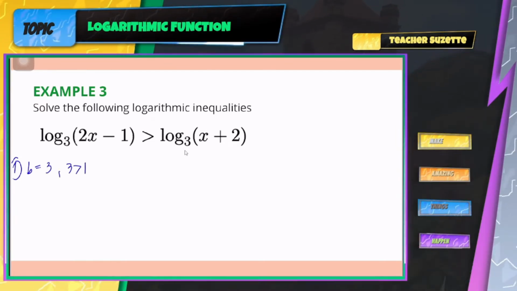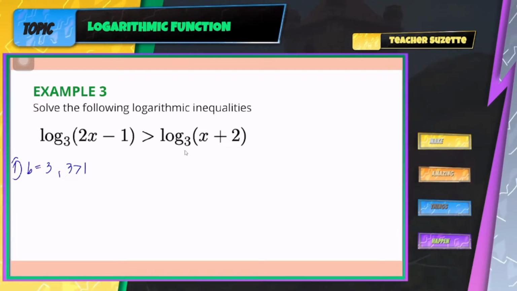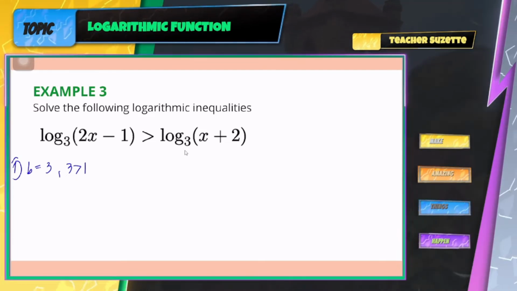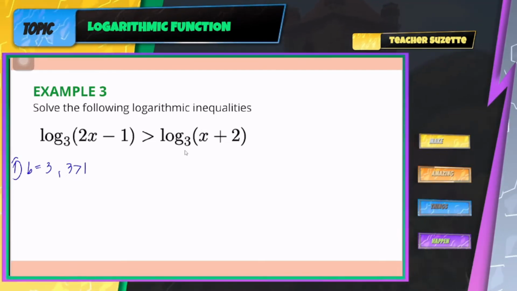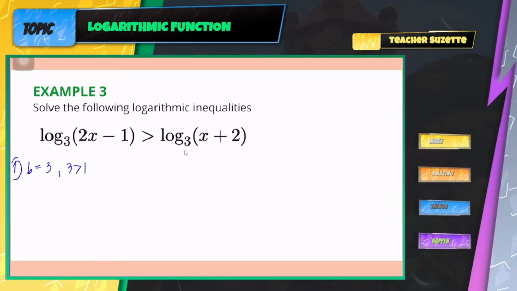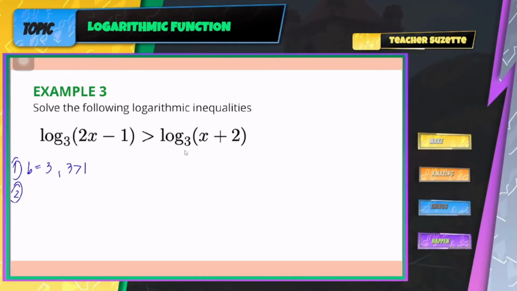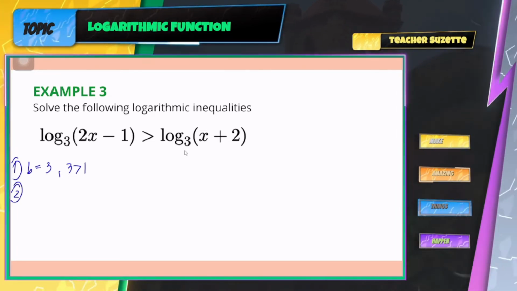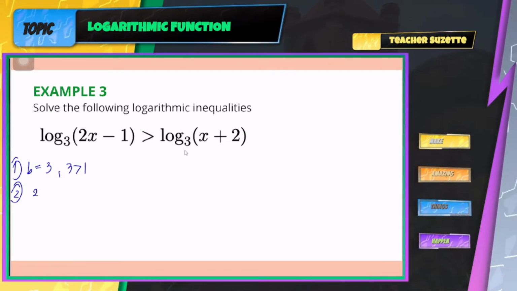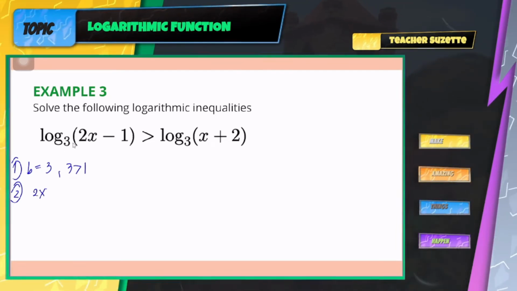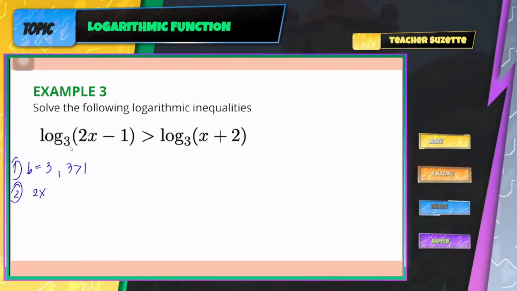So, therefore, again, retain the inequality sign of our inequalities. Next one, let's check the resulting values of our x. So, for this instance, we have 2. We have to check our first logarithmic expression, 2x minus 1 base 3.